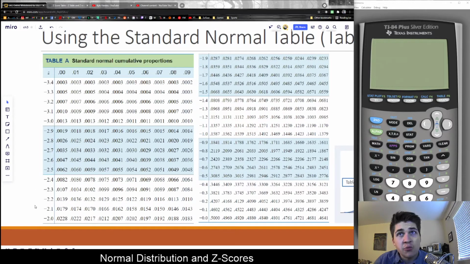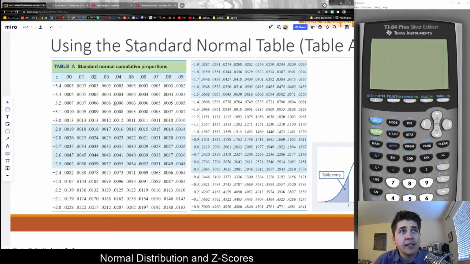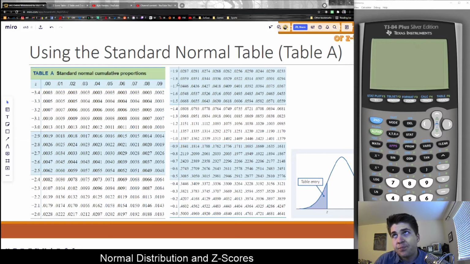Now, how you actually read the table is, notice that the left-hand side gives you the z-score. Sorry, it's a little bit blurry on my screen, but let's say we had a z-score of negative 2.4 or negative 0.9 or something like that. The row that we look at would have that particular value.